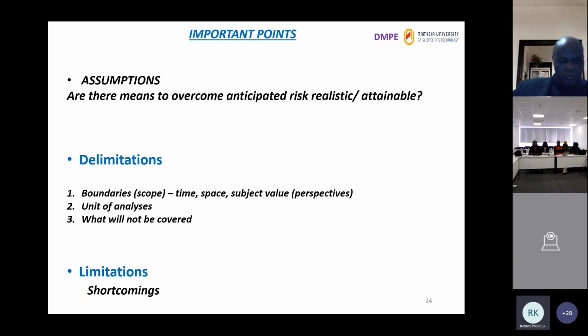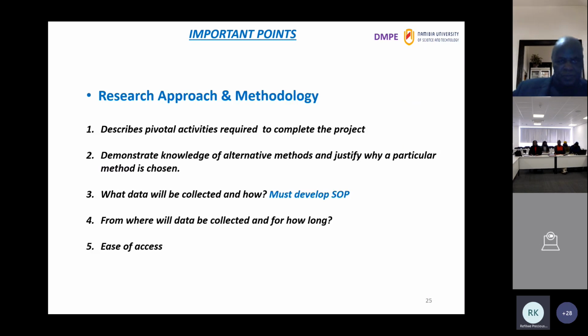Are you fully capable to address the problem with the design of experiments or the design of questionnaire, that you're sure you covered everything and not left yourself exposed to examination? So look at the shortcomings and the limitations.